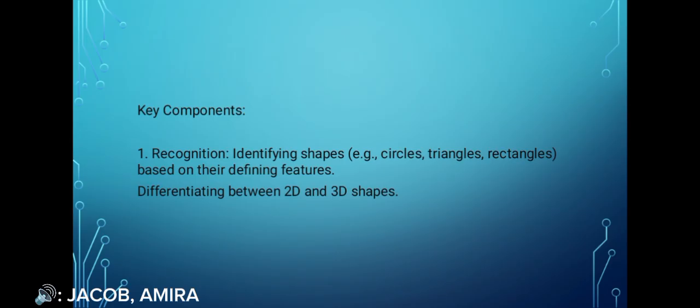Recognizing and analyzing geometric shapes involves identifying, understanding, and evaluating the properties, characteristics, and relationships of different geometric figures. It is a fundamental concept in mathematics and geometry, helping develop spatial reasoning and problem-solving skills. The key components: Number 1, recognition, identifying shapes like circle, triangle, rectangle based on their defining features, differentiating between 2D and 3D shapes.